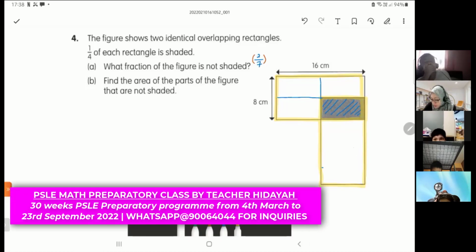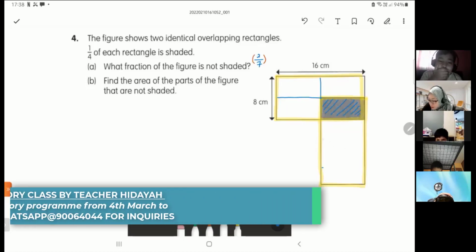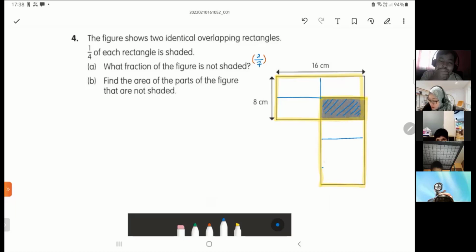I'm trying to cut equally. Wait now, let me see. Okay, so there's this one. I hope this is equal enough. Right. Can you see? Now, if you look at this, how many equal parts are there? There are 1, 2, 3, 4, 5, 6, 7.